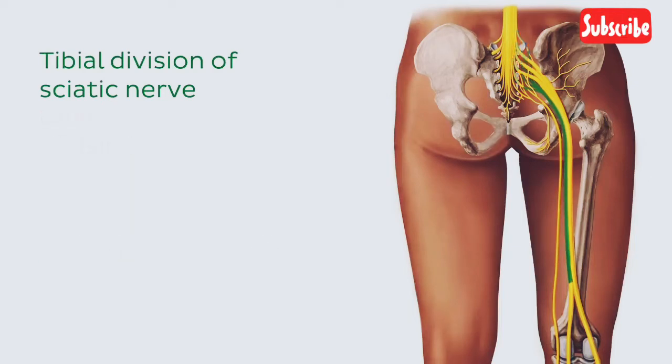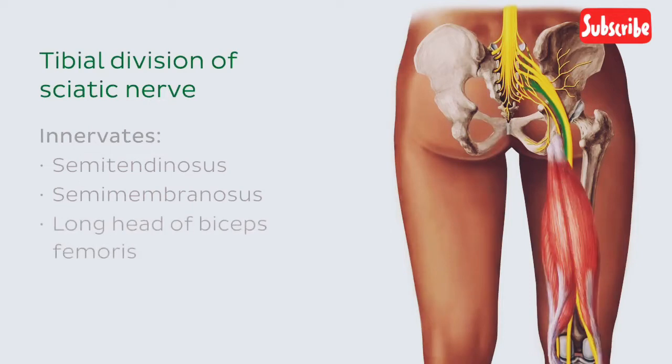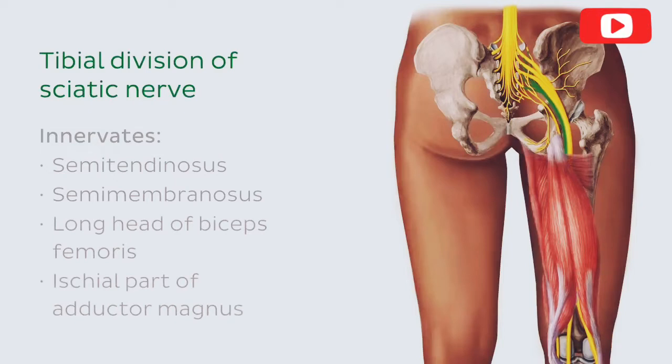The tibial division of the sciatic nerve innervates most muscles of the posterior compartment of the thigh, including the semitendinosus, the semimembranosus, and the long head of the biceps femoris.